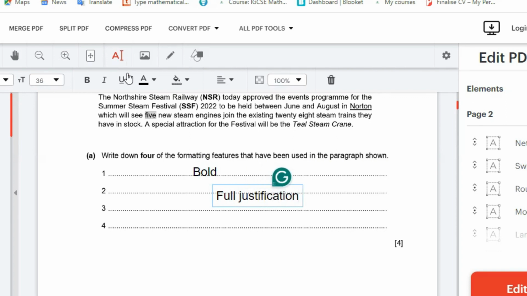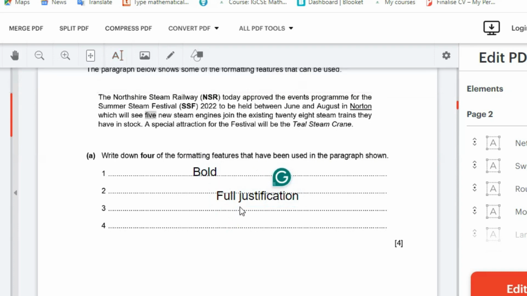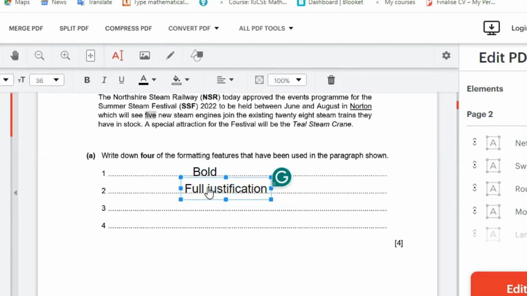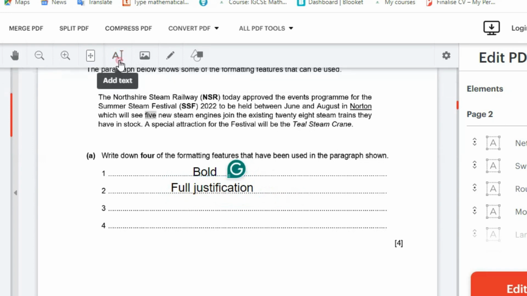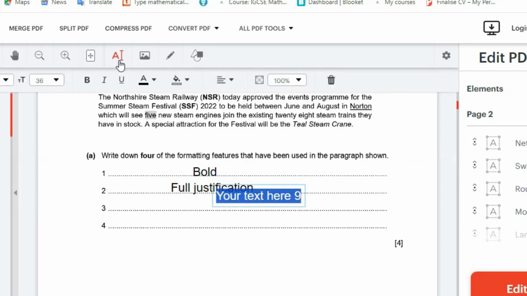All right. So what other formatting features have been used in this paragraph? Look at it very well. I'm expecting your answer. Highlights. If you see this 5, it is highlighted here. The 5 there was highlighted. So we can put highlights.